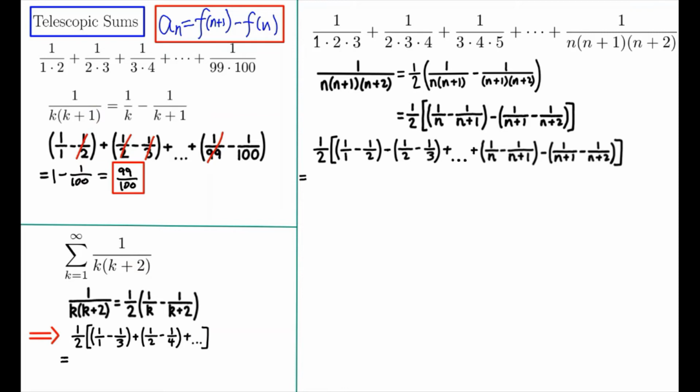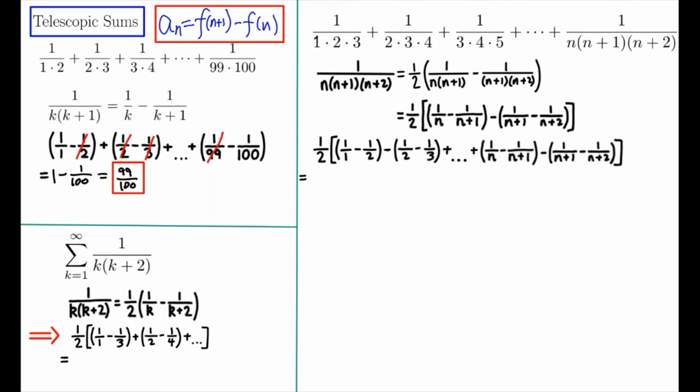Well, if we make it so that 1 divided by k times (k plus 2) is equal to 1 divided by k minus 1 divided by (k plus 2), that would be wrong, because this is actually equal to 2 divided by k times (k plus 2). So we can just multiply by 1 half.